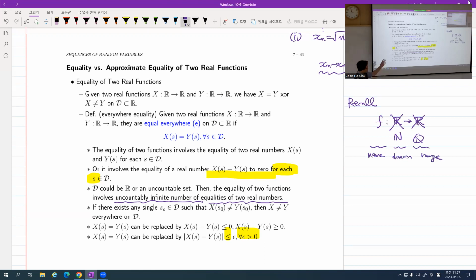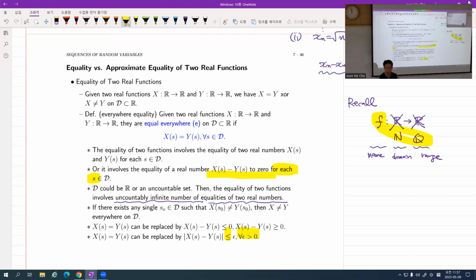Now, you have two functions, and you want to compare them. What would be the necessary condition for you to say whether two functions are equal or not from this standard notation? First, the domain must be the same.